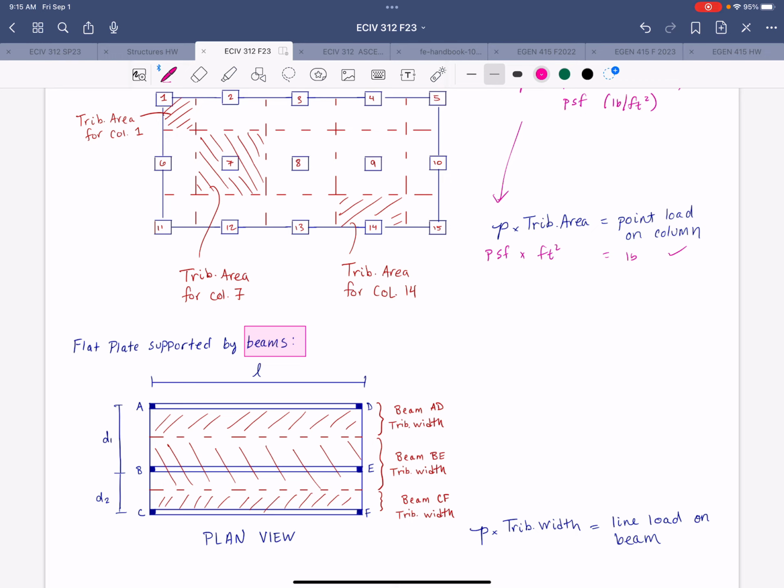A line load, right? Yeah, since beams are line elements, if they directly support the floor surface, we would expect to see a line load on those beams from that floor. So we'll say: find the line load on beams directly supporting the floor.